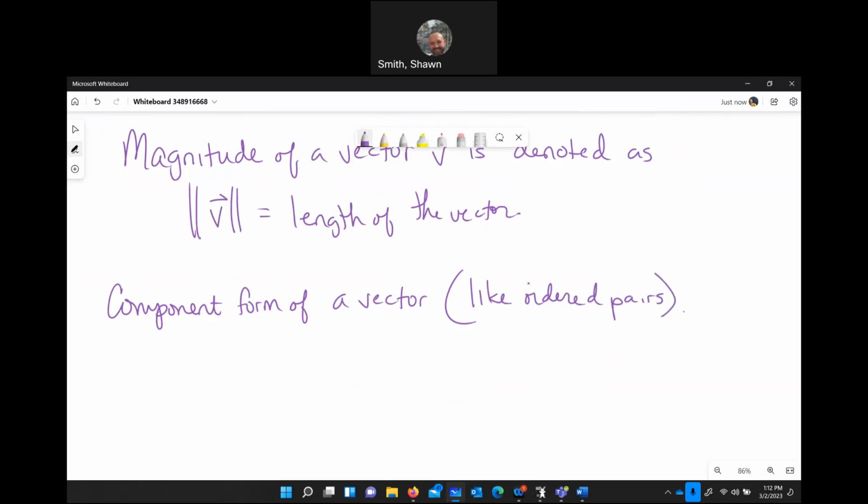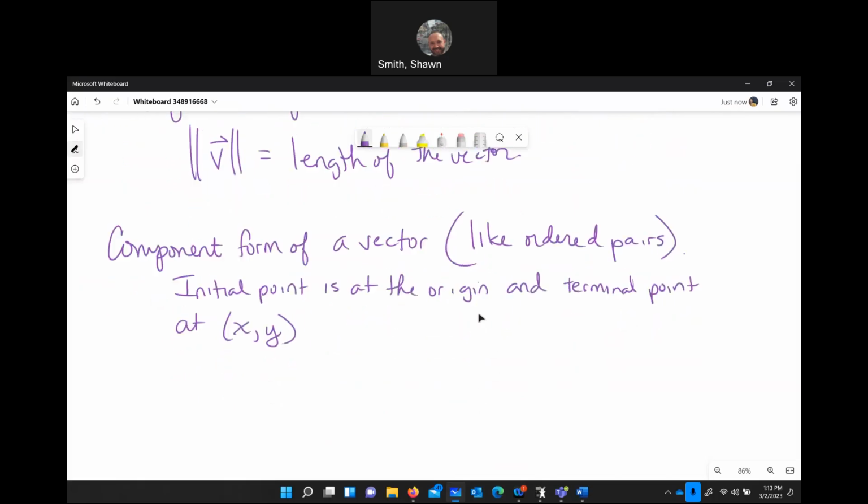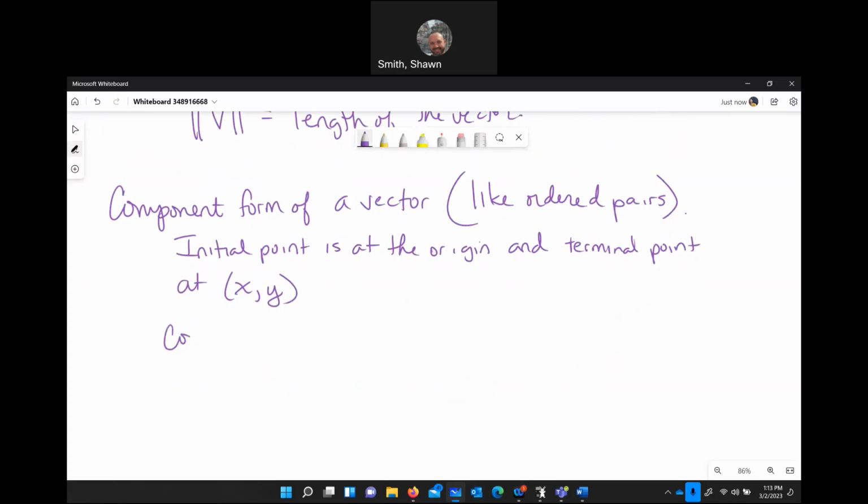The initial point is at the origin, and the terminal point at the xy coordinate. But the component form looks like this.